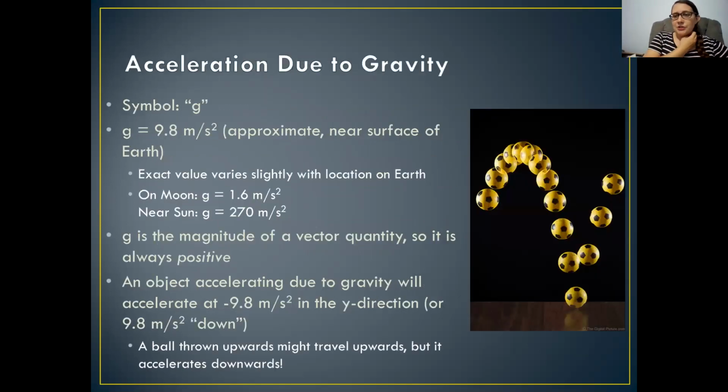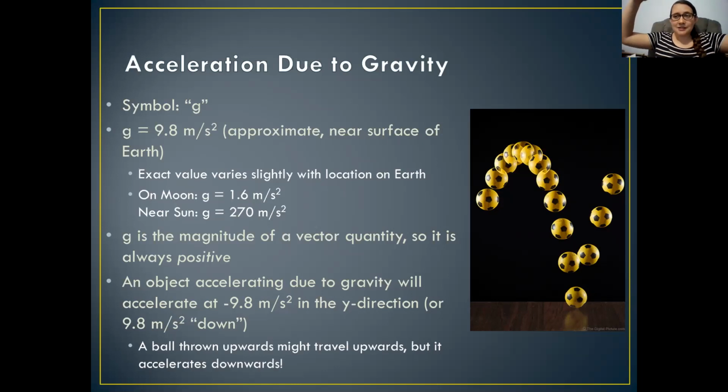So this acceleration due to gravity, we give it the symbol lowercase g. That's how you'll always see it written, lowercase g. And it approximately equals 9.8 meters per second squared, although it is different in different places on the Earth. So here in Melbourne, it was measured to be 9.792 meters per second squared.